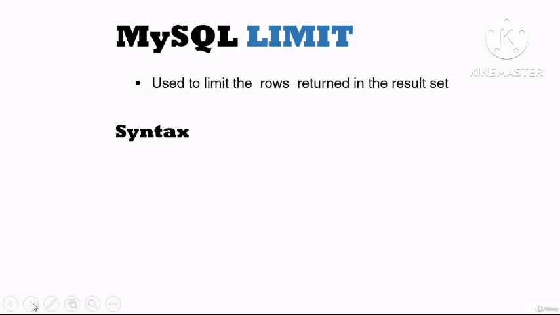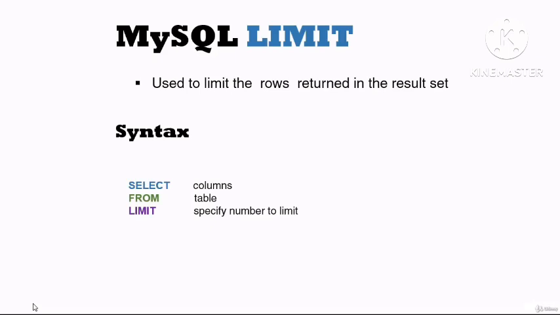The syntax for using the MySQL limit clause is you specify the select keyword and then the column or columns, from, indicate where the table is coming from. The limit is usually at the end of the select query. So the limit, what that does, it limits the number of rows that is returned.